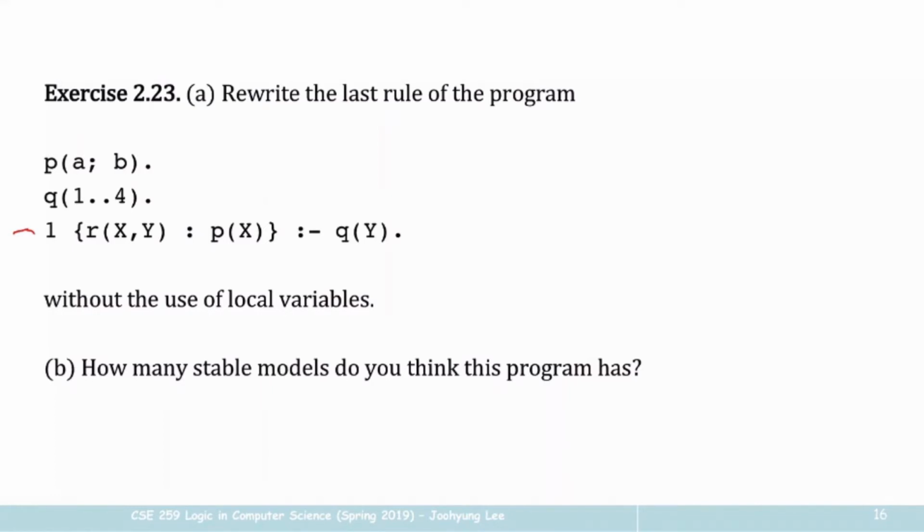And this is actually the idea. Note here that X ranges over A and B because of P of X, there are two instances of P of X, so P of A and P of B. So what you need to do is just replace that X with the possible instances.